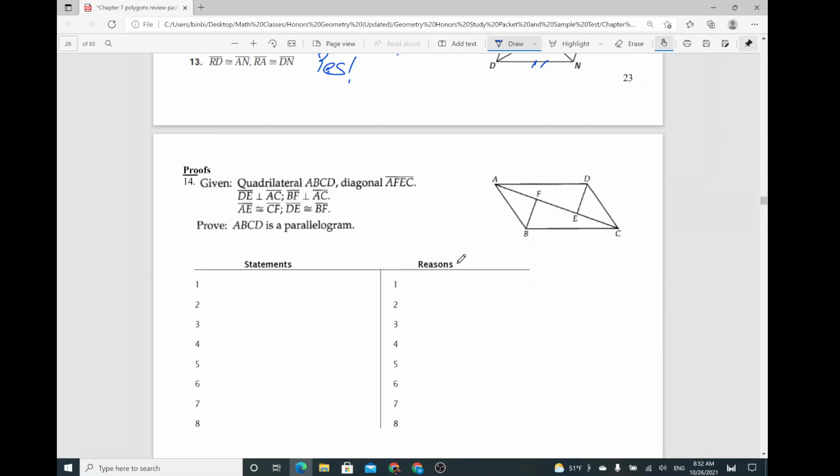So the proof. Quadrilateral ABCD, with diagonal AC. DE is perpendicular to AC, so this one forms a 90-degree angle. BF is perpendicular to AC.